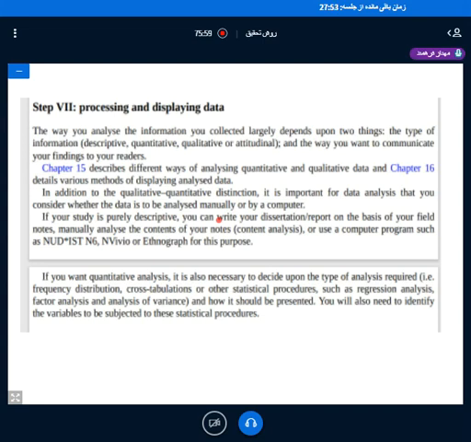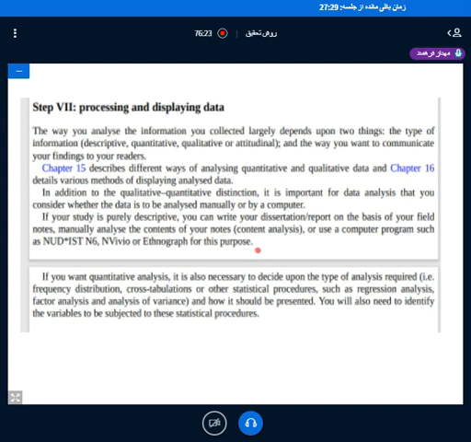Sometimes we do that manually, and sometimes we do that with a computer. If your study is purely descriptive, you can write your dissertation report on the basis of your field notes manually, analyze the contents of your notes.